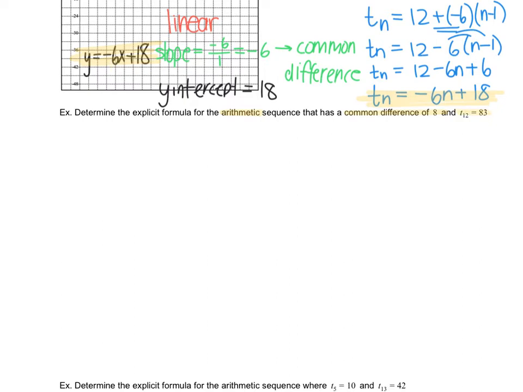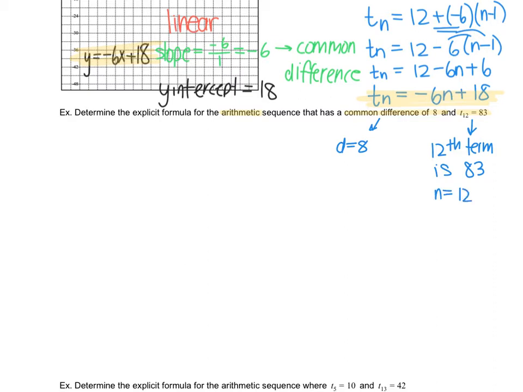Now a common difference of 8 means d equals 8. And this notation of T12 equals 83 just means the 12th term is 83, okay? It also means that 12 is your n value in the formula.